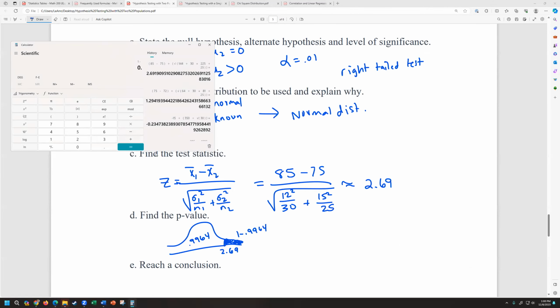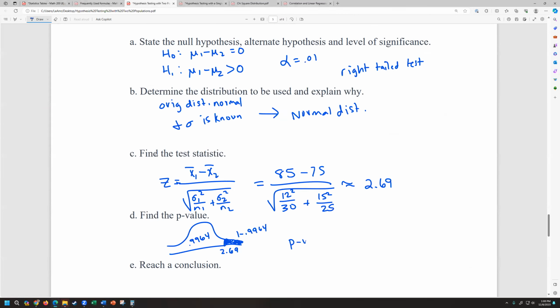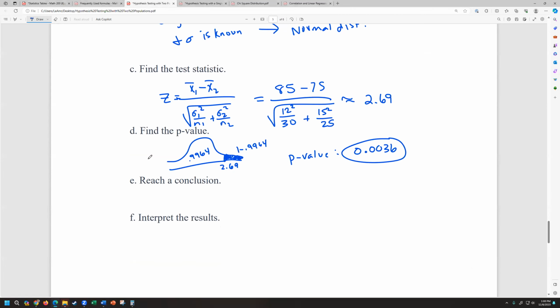So 1 minus 0.9964 is actually a p-value of 0.0036 is what I got when I subtracted that. So there's my p-value. And my level of significance was 1%, and that is definitely smaller than 1%. So my p-value and my alpha, if I compare them, I have a less than or equal to, which means we can reject the null.